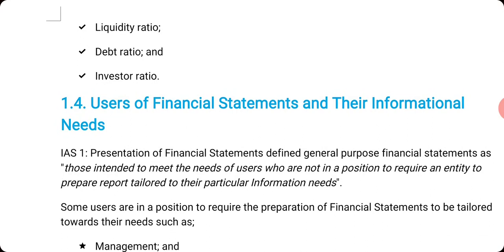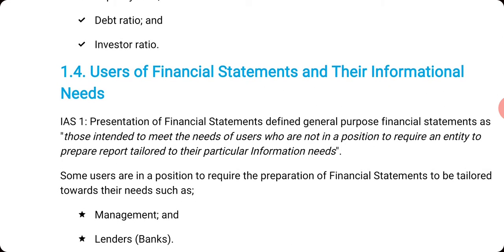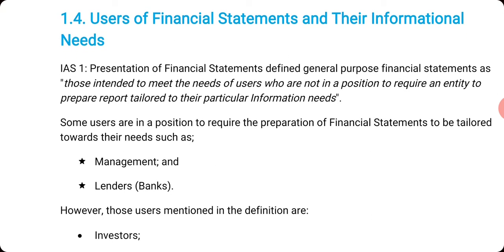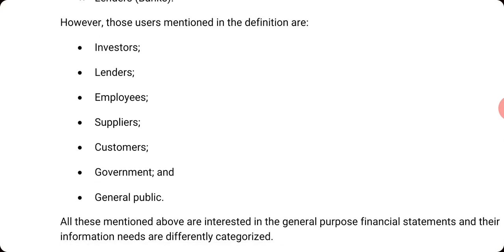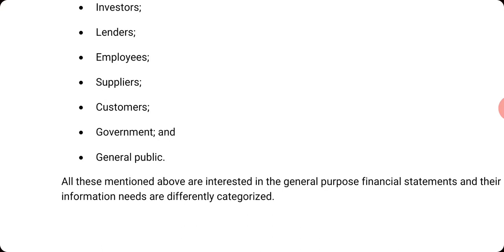Now, users of financial statements, we know that there are different users of financial statements, and these users often have different information needs from the financial statement. We have the management, the lenders, investors, employees, suppliers, customers, government, and general public, which include you and I.